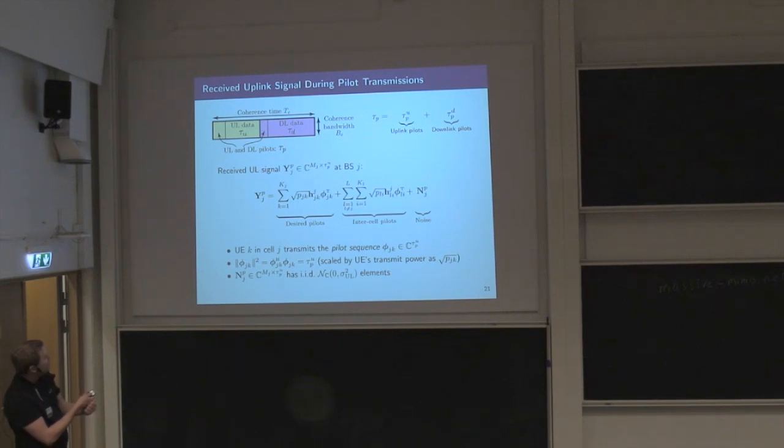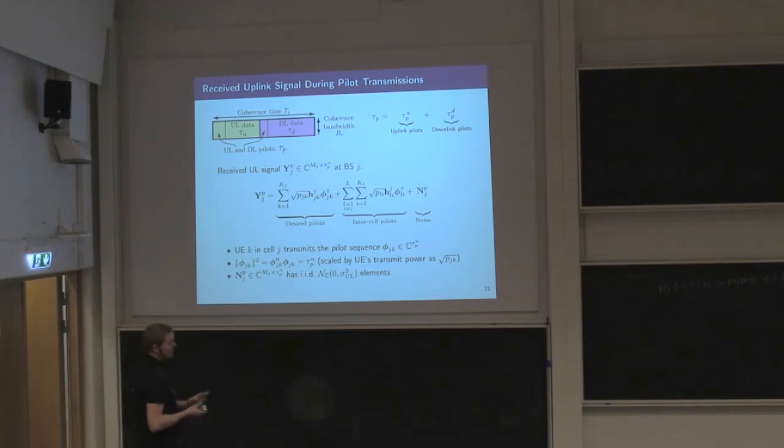And here is a matrix with noise, because this is what they receive during the entire pilot signaling. So it's a matrix, number of antennas times the length of the pilot sequences, but it still contains complex Gaussian distributed, zero mean, sigma square uplink variance noise elements.